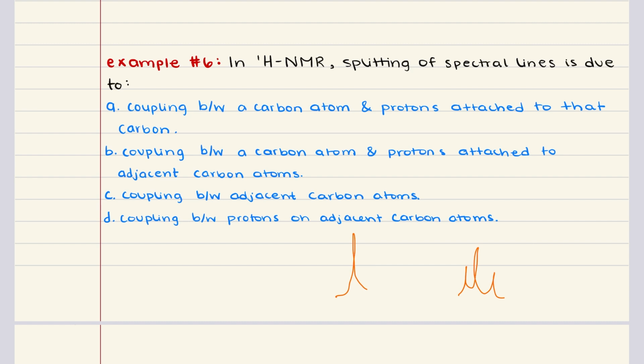So in summary, the splitting we see in a proton NMR spectrum is caused by coupling between protons on adjacent carbon atoms. And that makes the correct answer for problem 6 answer choice D.